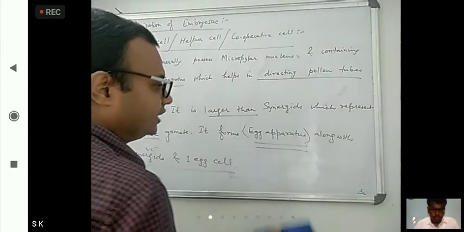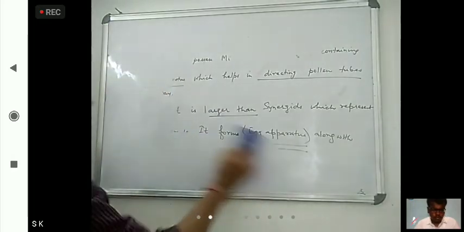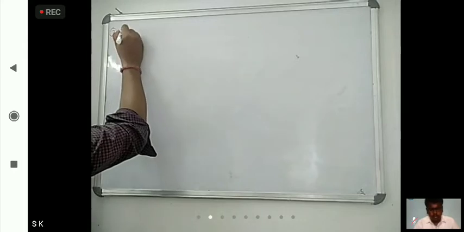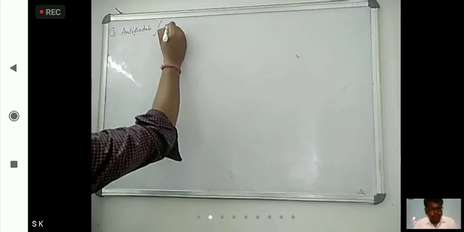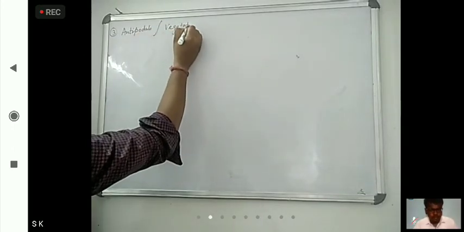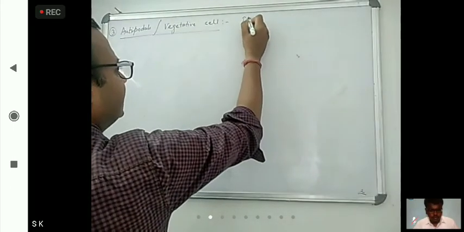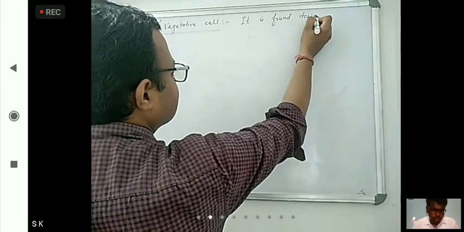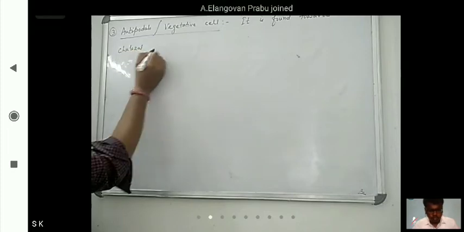Next is the antipodal or vegetative cell. It is found towards the chalazal end.